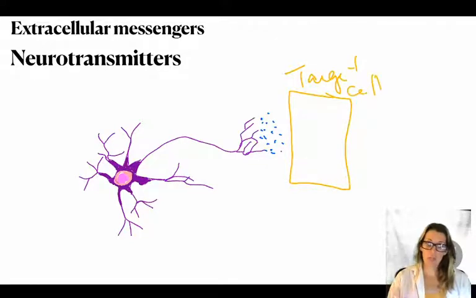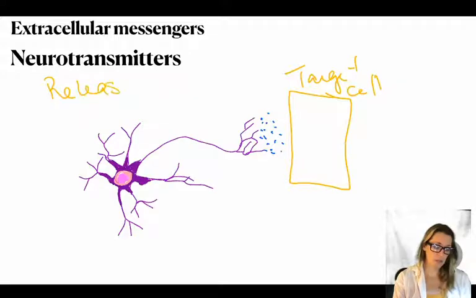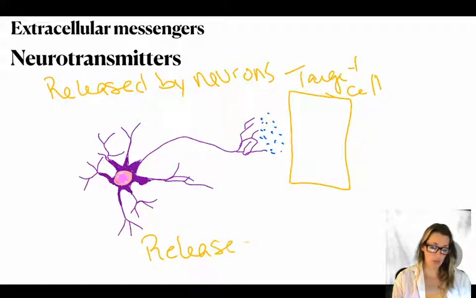So neurotransmitters are both released by neurons and released close to their target cell.